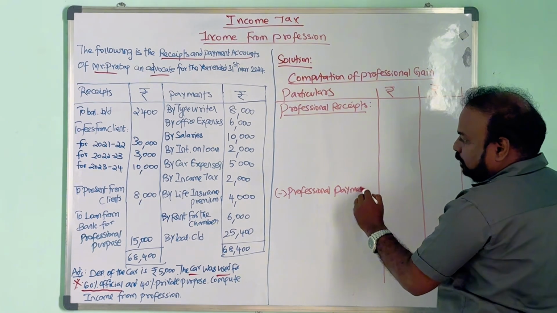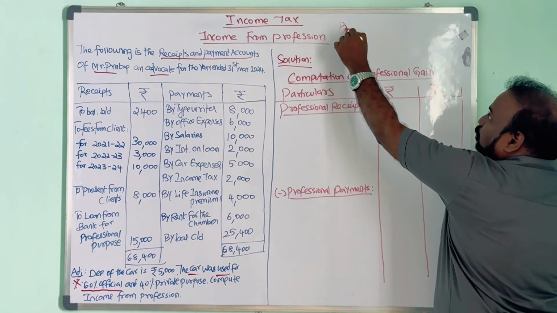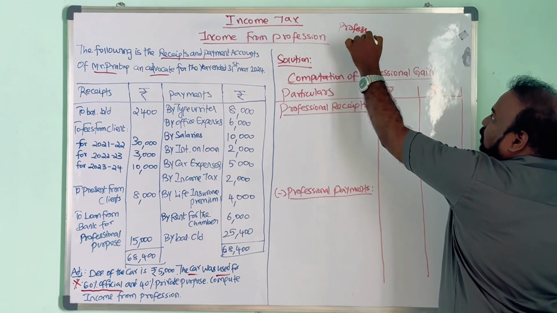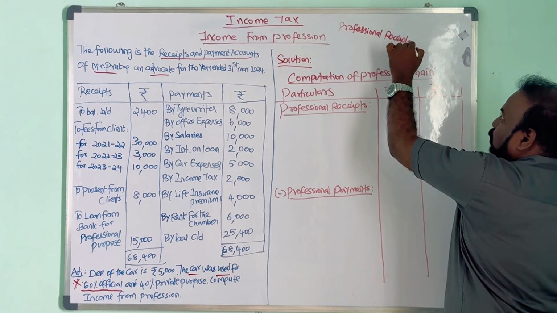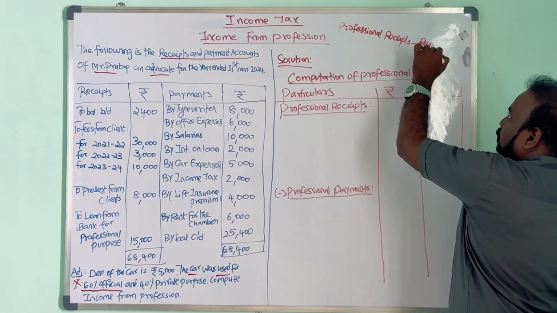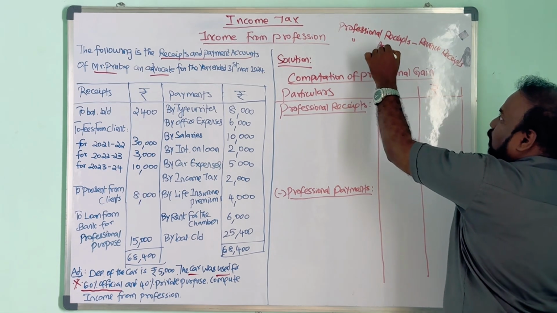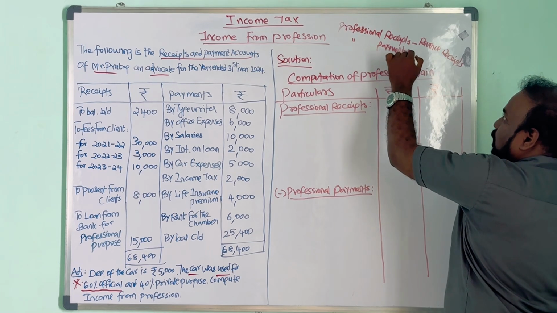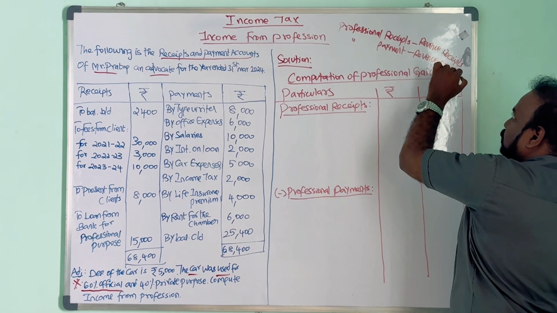You can write anything. Professional receipt refers to revenue receipt. Professional payment refers to revenue expenses.